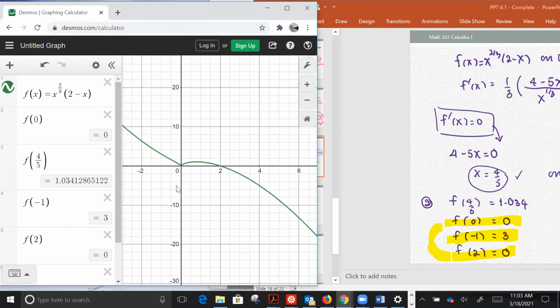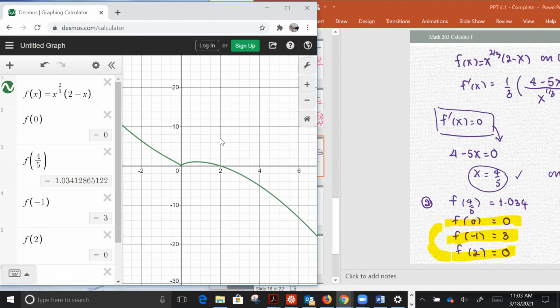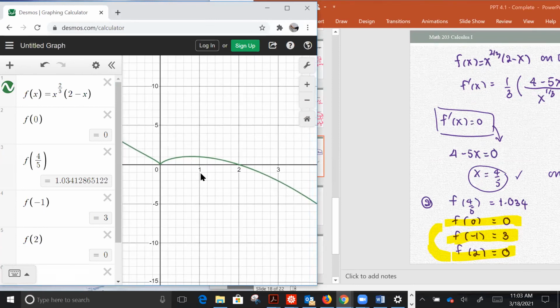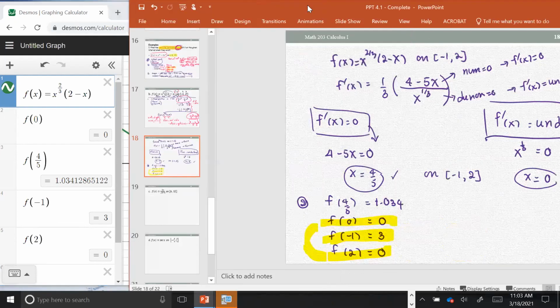If I expand the graph a little bigger, we target from -1 to +2, just from this end to this end. The highest is at -1, right there. And the lowest, you have two locations giving you two lowest values, at 0 and at 2. So that's the graph to explain the analytical way that we do it.